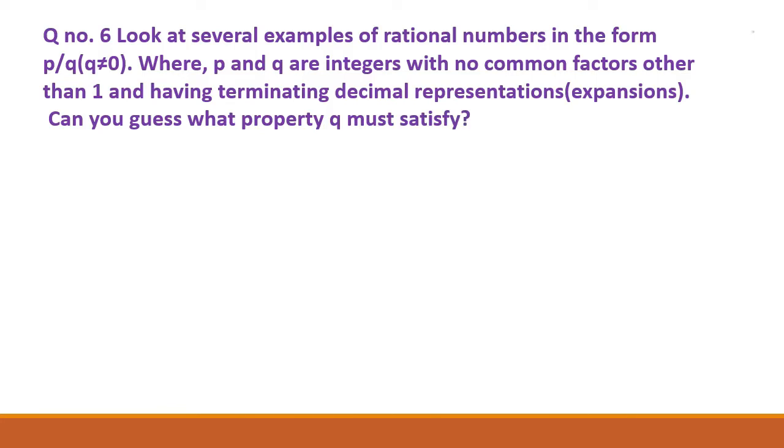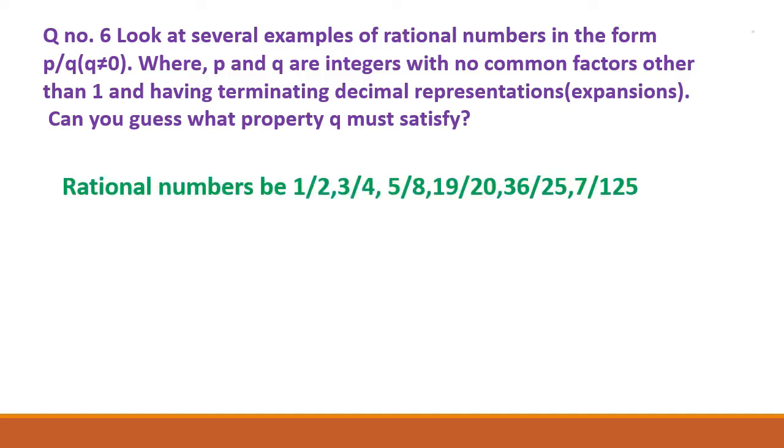Solution. Various such rational numbers can be 1 by 2, 3 by 4, 5 by 8, 19 by 20, 36 by 25, 7 by 125, etc. In all cases, we think of the natural number which when multiplied by their respective denominators gives 10 or a power of 10.